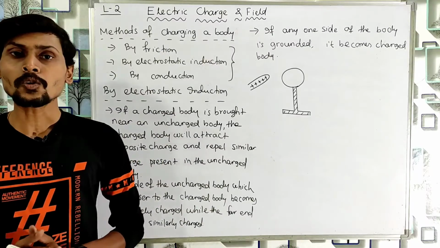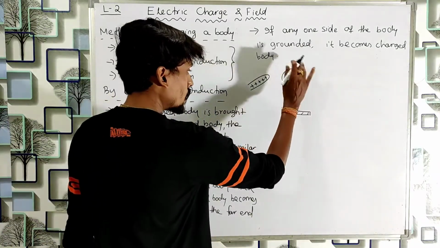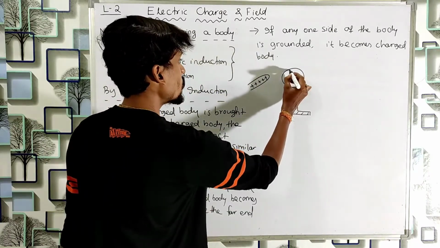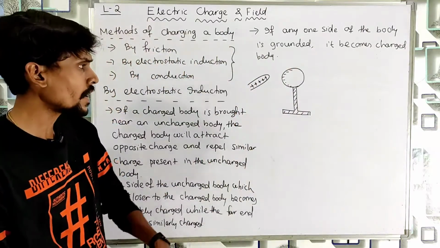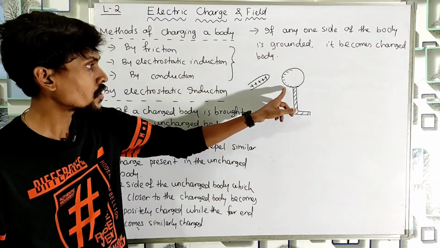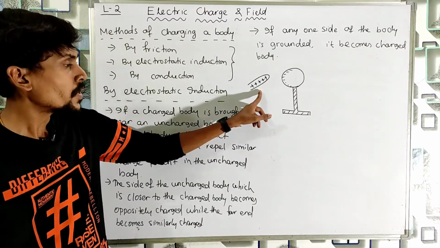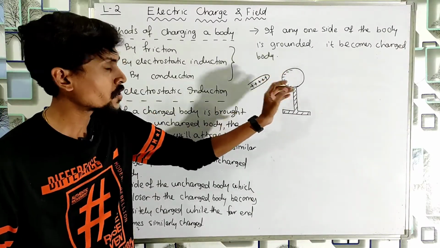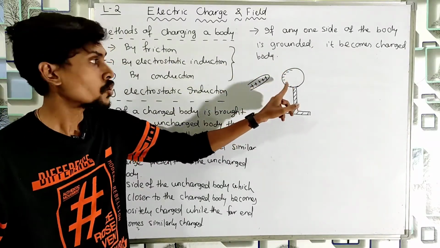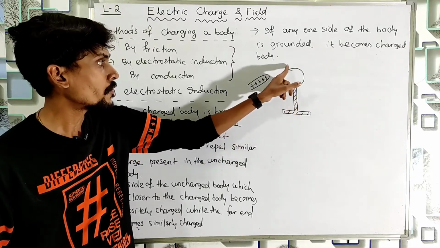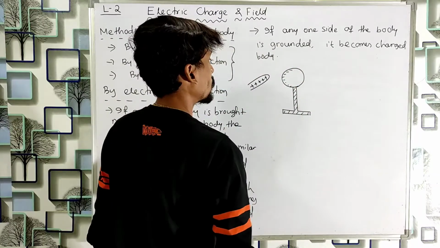So due to this electrostatic attractive force, what will happen? The electrons in the metallic sphere will accumulate at this end, the end which is close to this charged body. Is that clear? Means we'll have more concentration or more density of electrons at this end. So this end will become negatively charged, and at the farther end, the right end, what will happen?